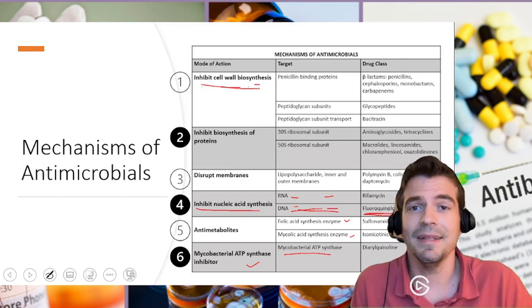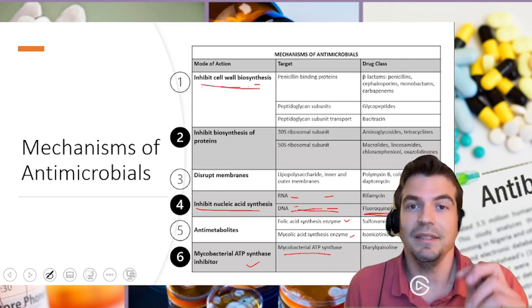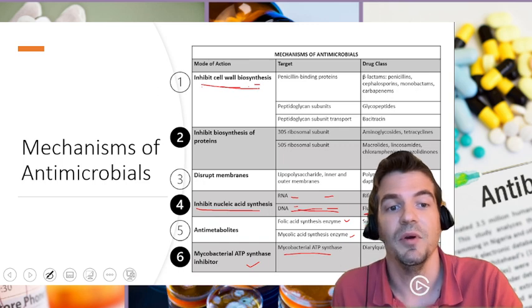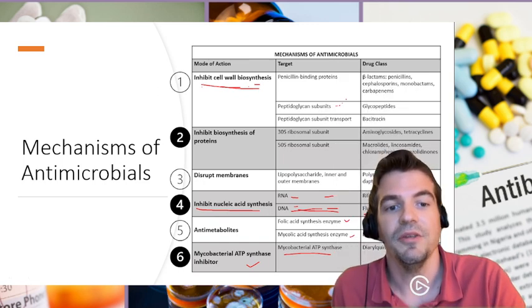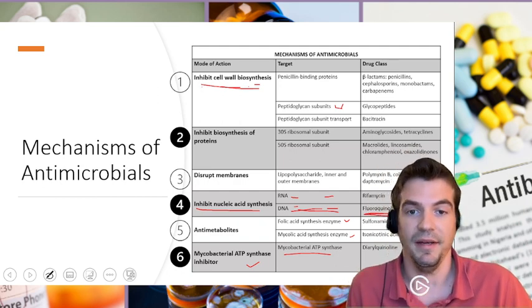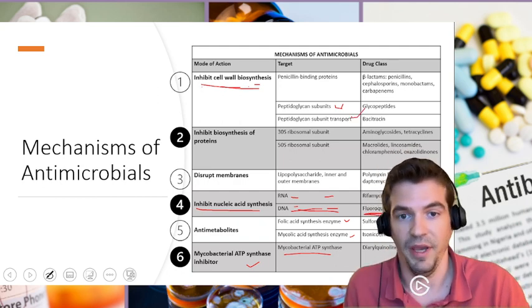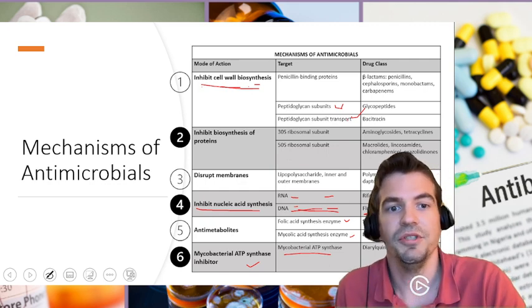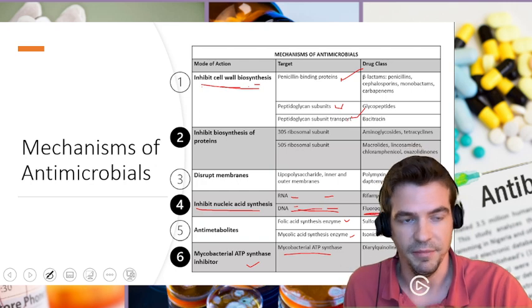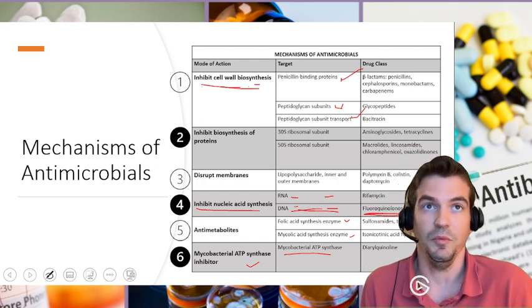But the main thing to know is that it has peptidoglycan, which we don't have. So we can target peptidoglycan subunits and peptidoglycan transport. We can also inhibit the cell wall using penicillin, and that's how penicillin works.